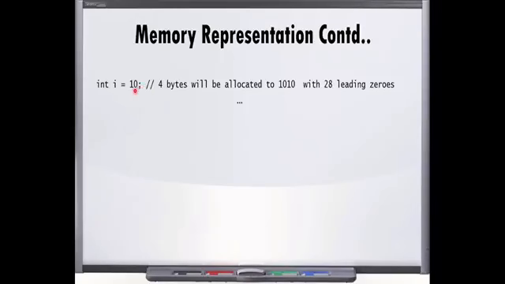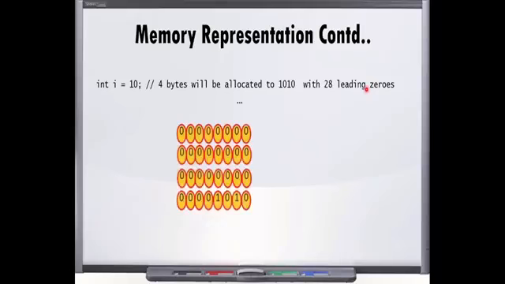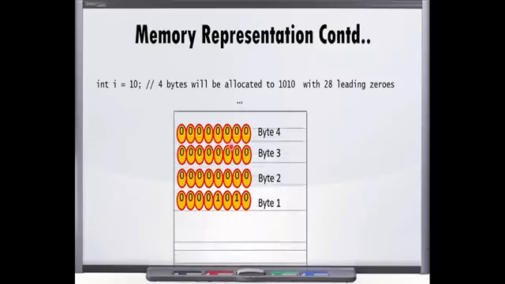So the binary equivalent of 10 is 1010. That means we have already used 4 bits, so I am left with only 28 bits. These 28 bits are filled up with zeros. So it will look like this: byte 1 has 1010, and every other byte has been filled up with zeros. So this is how it is represented in memory.